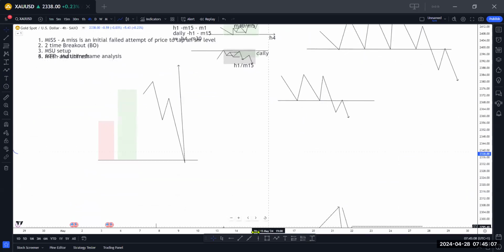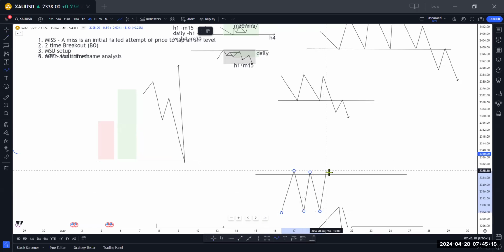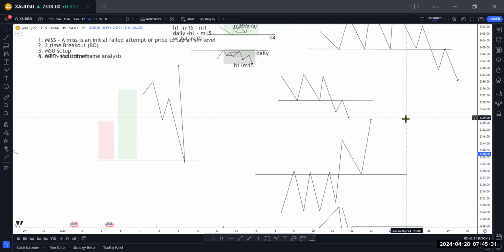Okay, so for H4, price has been using the resistance, can use H4 how many times? At least 3 times. Second time, third time, H4 level. The next time price will break. So when price breaks, this is now a fresh support level, right? So price will move. Why?